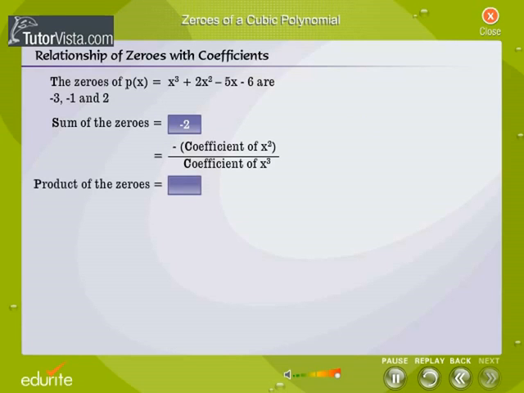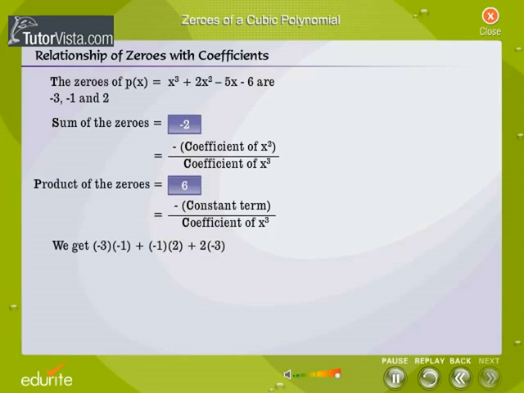Find the product of the zeros. Key in the answer. Find the sum of the product of the zeros taken 2 at a time. Key in the values.